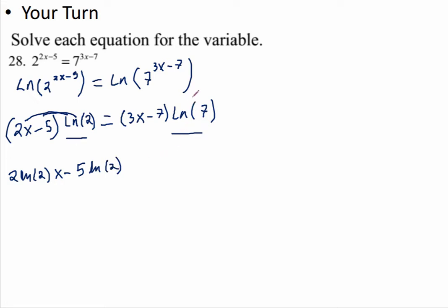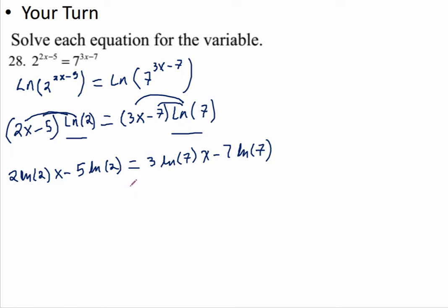And if I do that, that's going to get me 2 ln 2 times x minus 5 ln 2. Excuse me, I'm going to go to cursive now because I've been itching to do it. I'm going to use cursive on the ln because it just goes faster, okay? And then 3 ln 7 times x minus 7 ln 7, okay? All right, so far so good. Now remember, we're trying to solve for x. We're trying to isolate x. Now, minus 5 ln 2 and minus 7 ln 7, those are just numbers, okay?